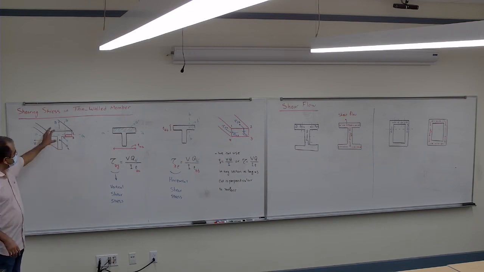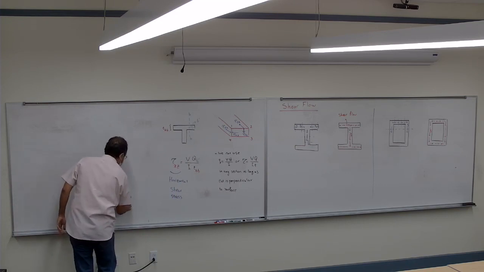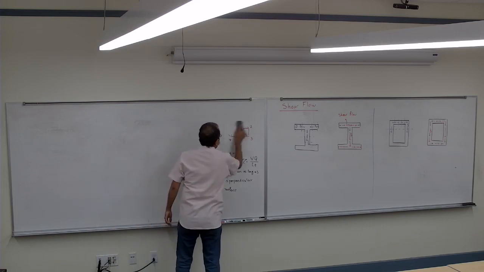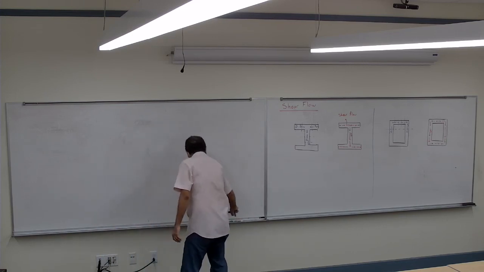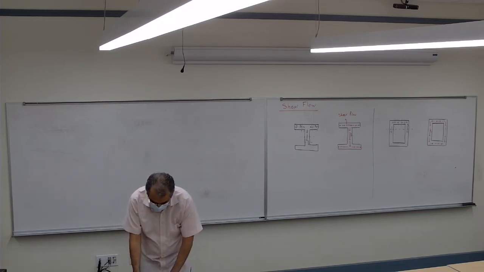If we are given a thin wall and they ask how to calculate the shear, how can we calculate it? The next example is that assume we have an I-beam shape.